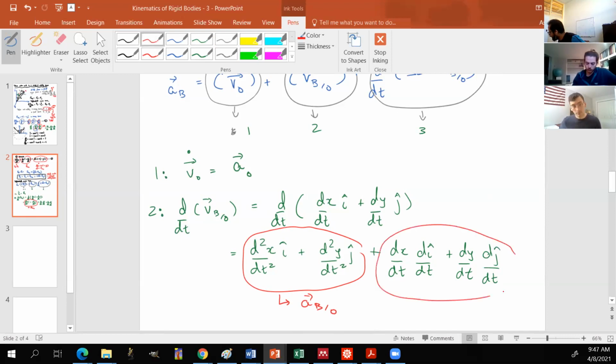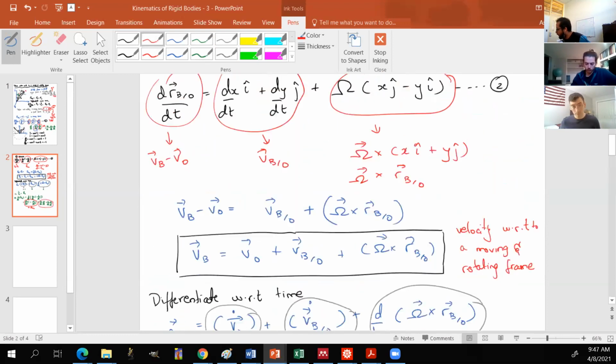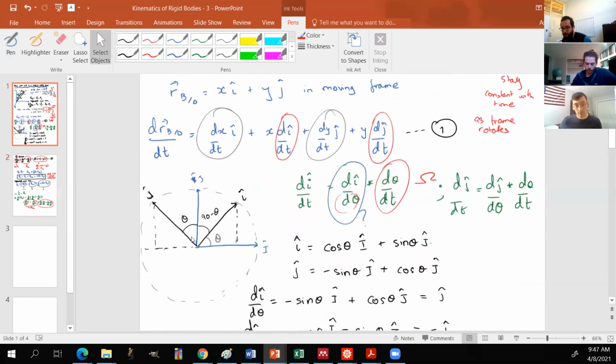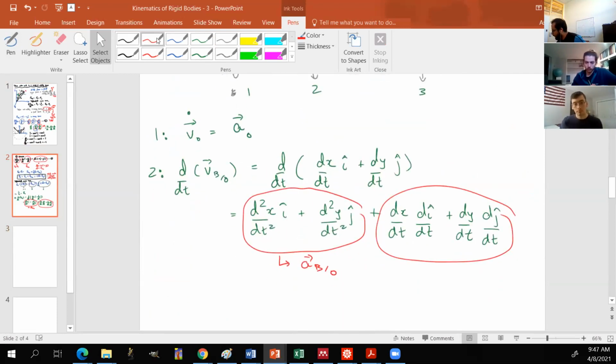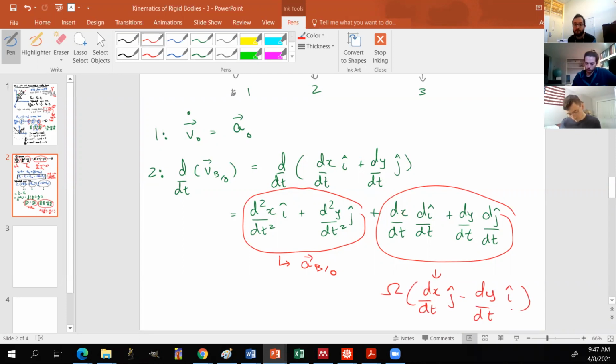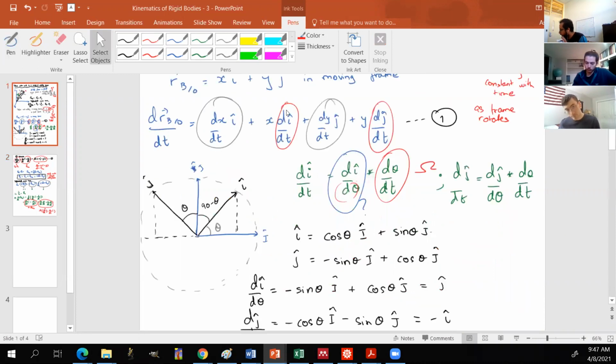This term here, you can do the same process that you did previously for your velocity, and I'm not going to do it for you because you'll have to trust me. You're going to get omega times dx over dt j hat minus dy over dt i hat. It's the exact same process that we did to find these terms over here.